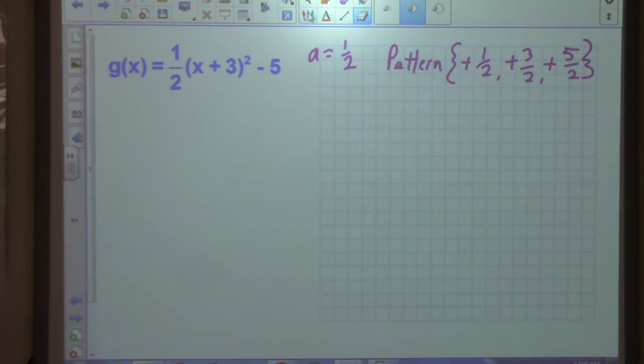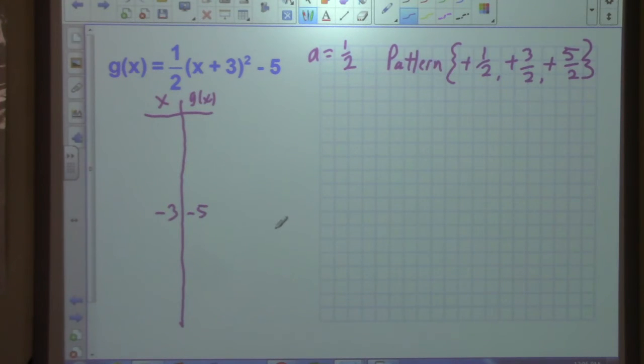And then, what is our vertex for this thing? -3, -5. So x, g of x, we have -3 and then -5, is that right? Yeah.